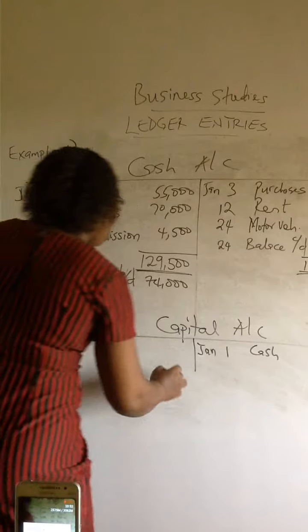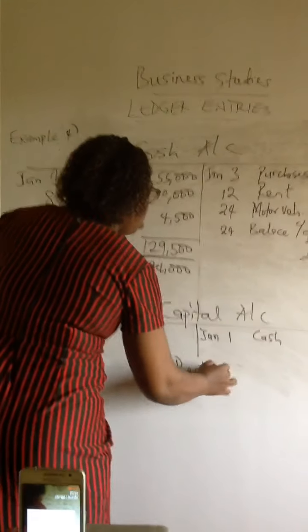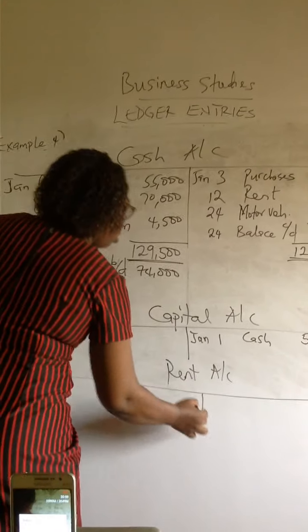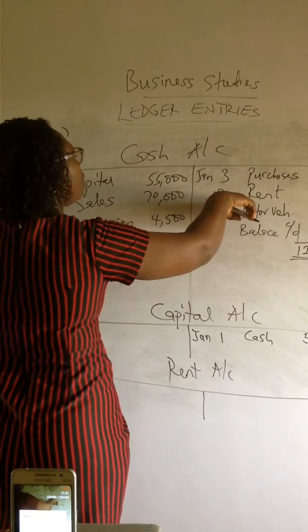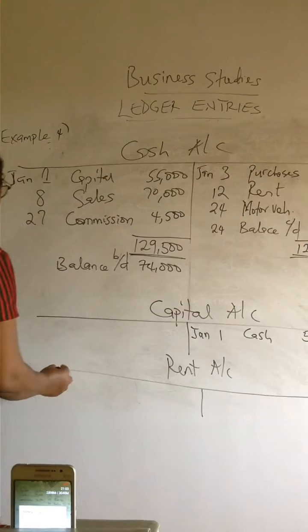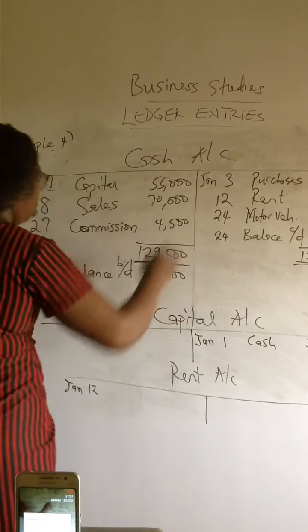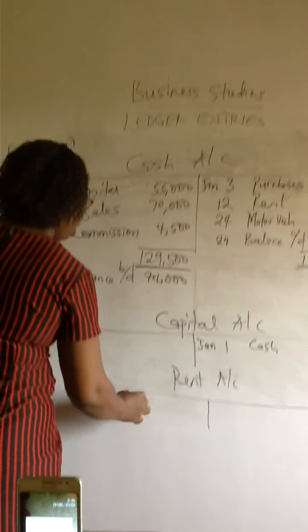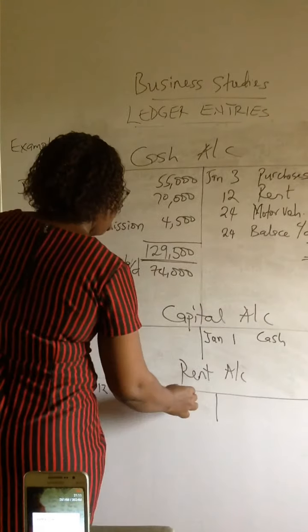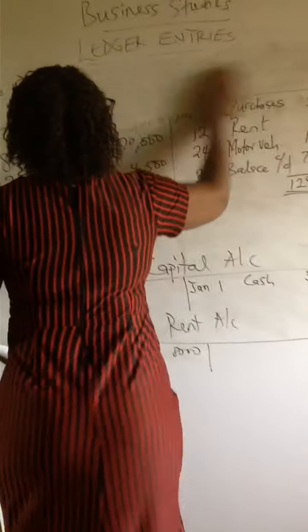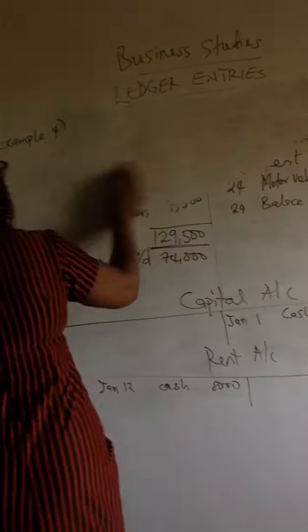The next account we open is the rent account. The rent account was credited here, so this time around it is going to be debited. January 12th, cash, 8,000 naira. Open other accounts.